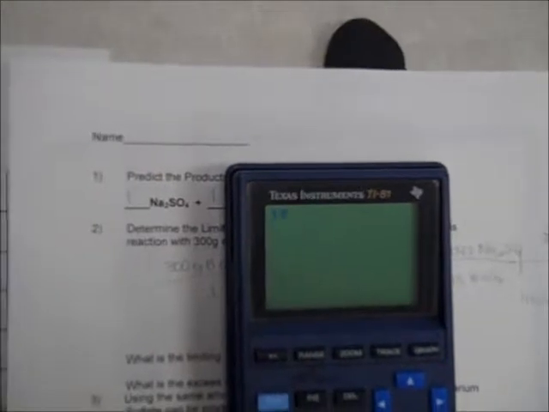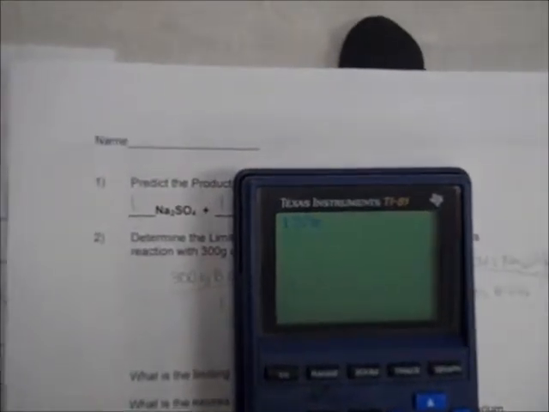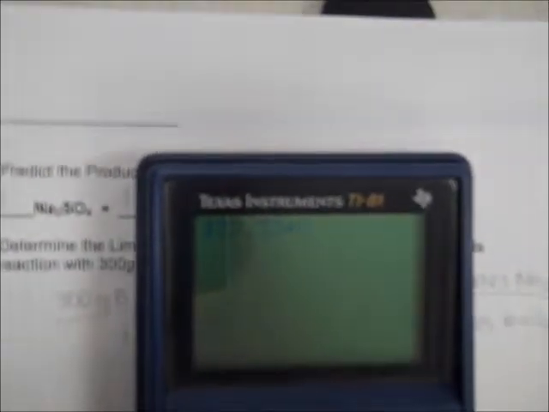You find Ba, which is 137.33 plus Cl, which is 35.453 times 2, which is 208.236, and you write that.